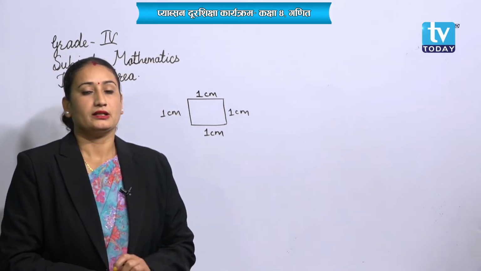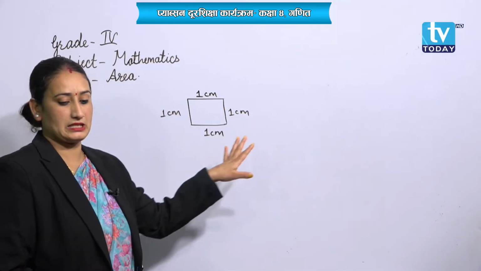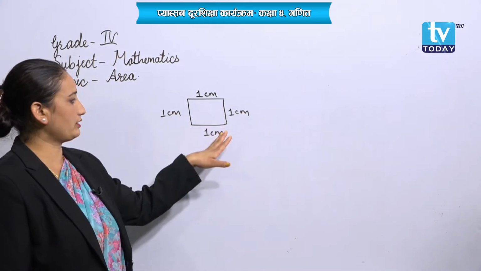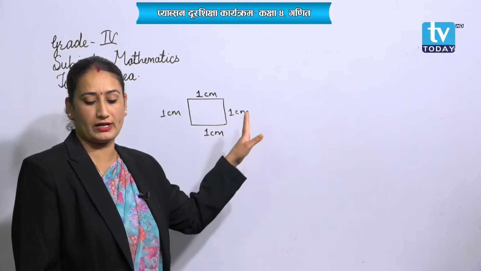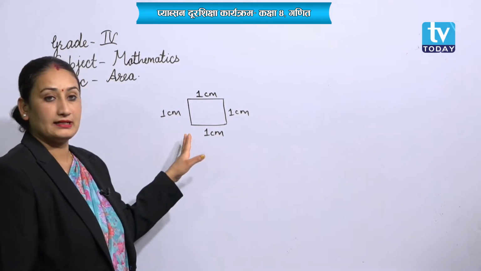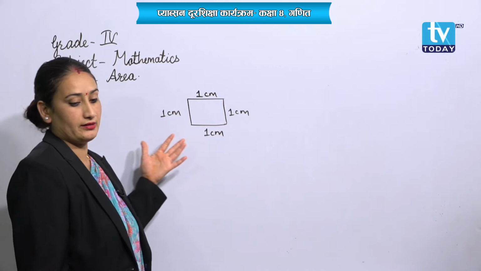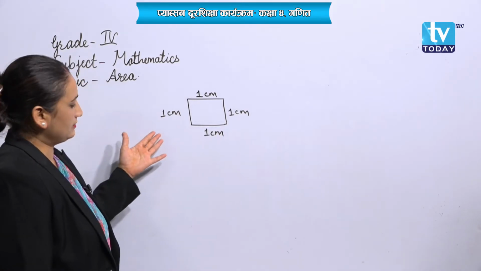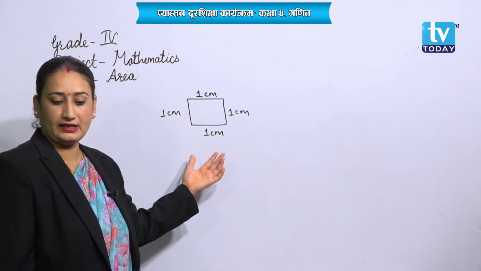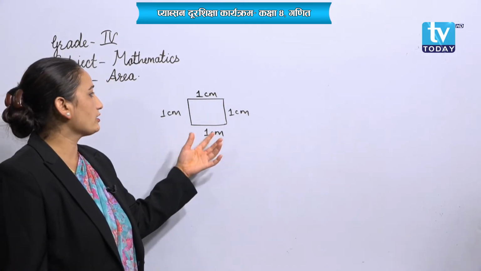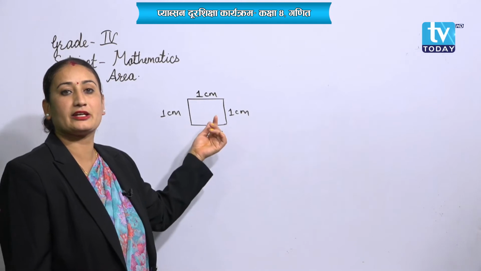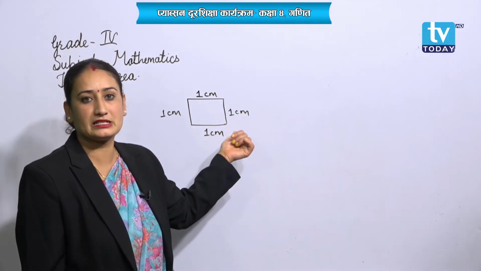So students, the figure alongside is bounded with 4 straight lines, right? The surface is enclosed, and the unit is called centimeter.